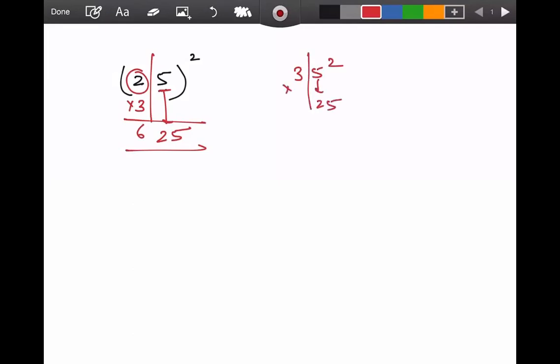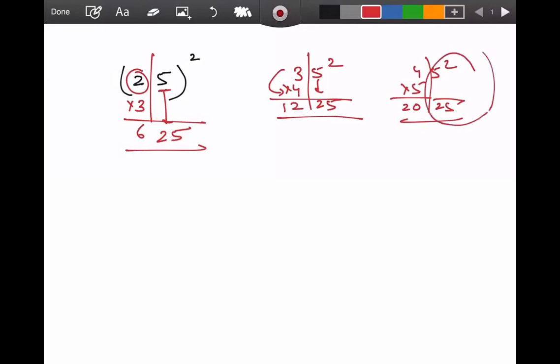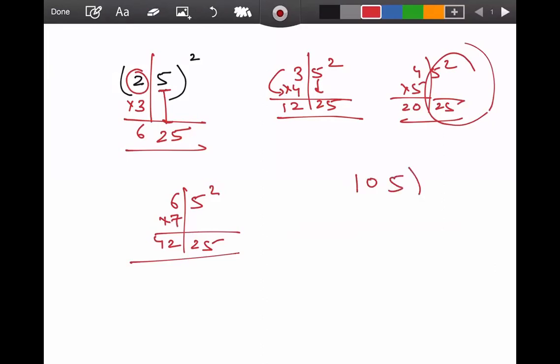You just multiply it with the next or consecutive number. 3 into 4 is 12 and 25. Similarly, 45 square will be 4 into 5, the next number, is 20 and then 25. We don't have to think about this now. 65 square will be 6 into 7 is 42 and 25, and so on. Tell me what will be 105 square.